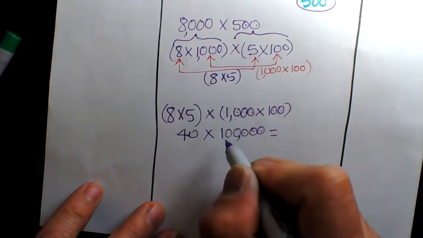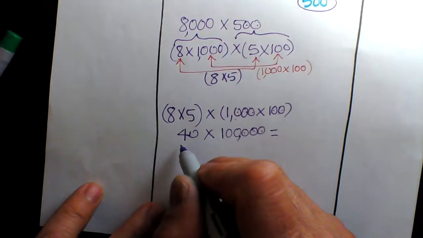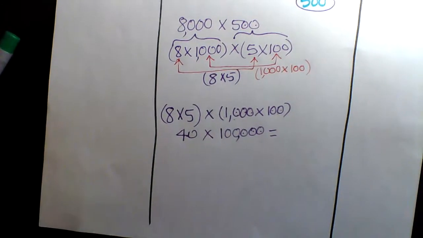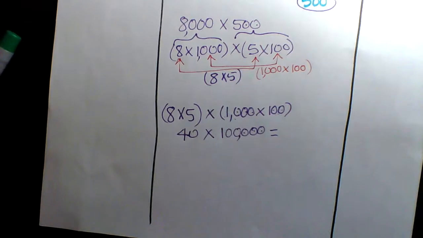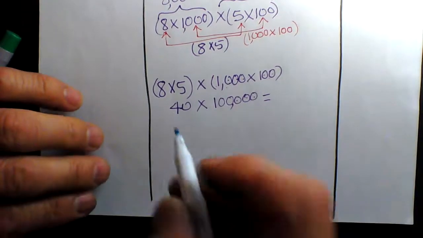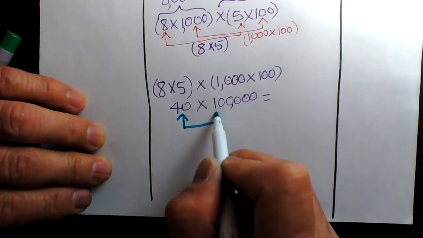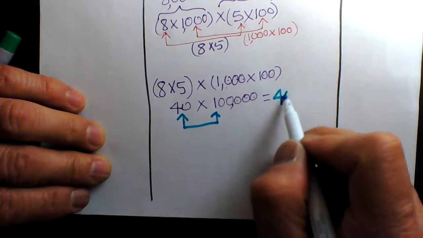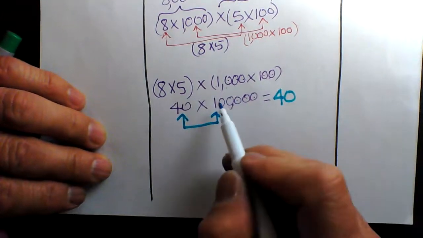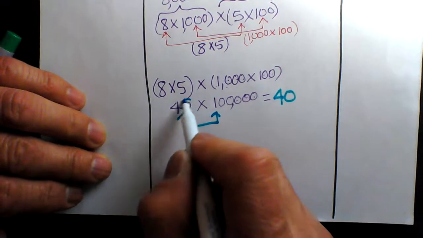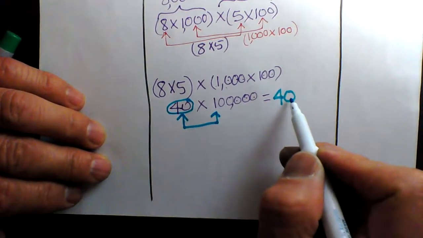When you multiply 100,000 times 40, now remember, this is very important because this is where many students make mistakes. You're going to multiply 40 times 1, and that equals 40. Remember, the 40 has a 0, so I wrote it there.